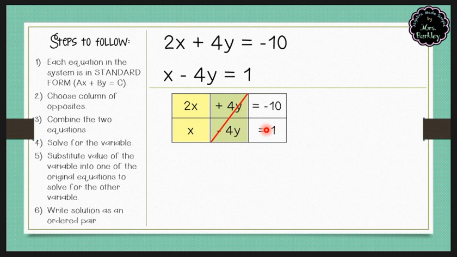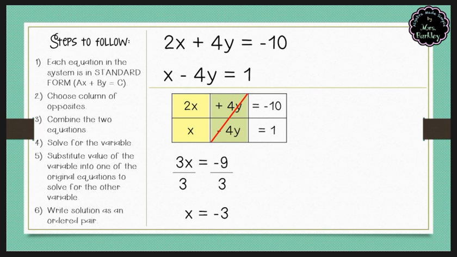So remember that we're combining our equations together. And so that's where that elimination of positive 4y and negative 4y comes into play, because that would be a 0y. We wouldn't have any y's there. So then we just need to solve for x. So we would divide both sides by 3. And so x equals negative 3.